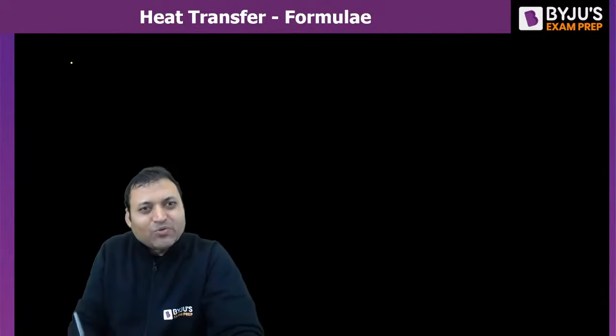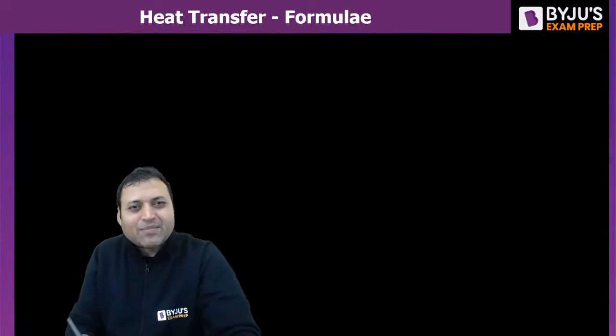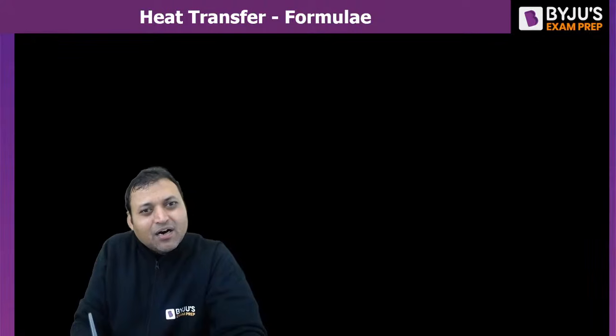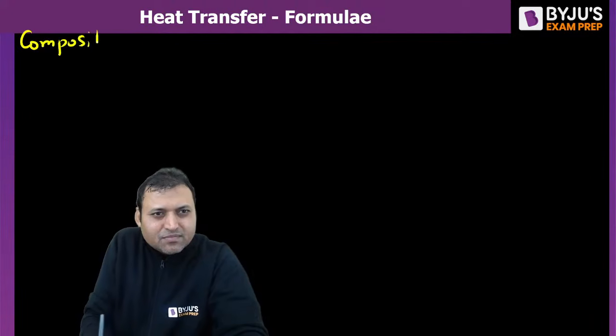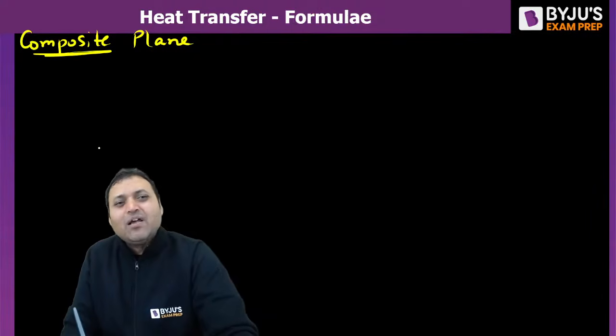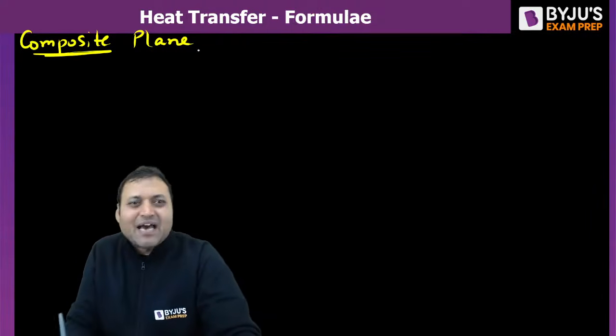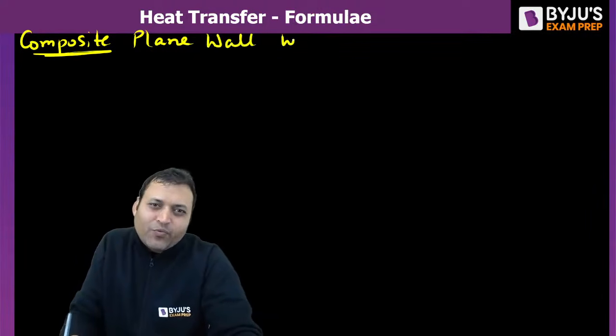Now we will move to the more complicated expression, that is composite plane wall with convective environment. What is the meaning of composite plane wall? Where two or more materials are used, with convection on both sides.